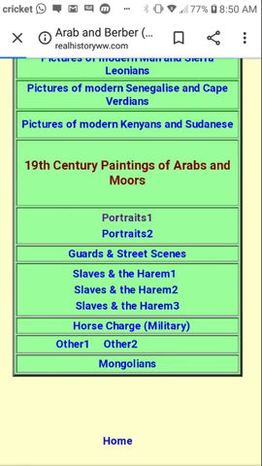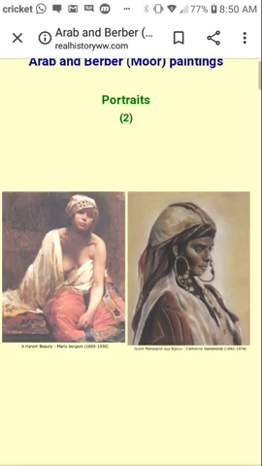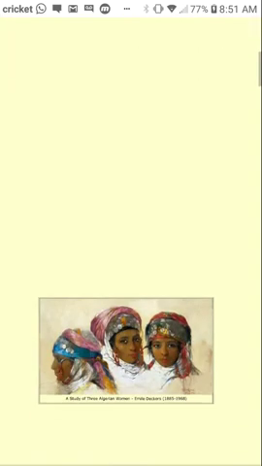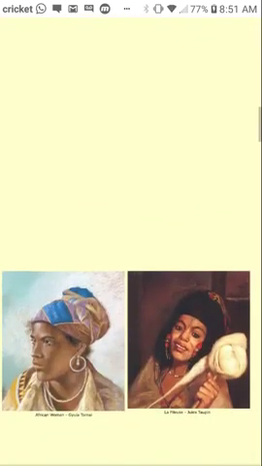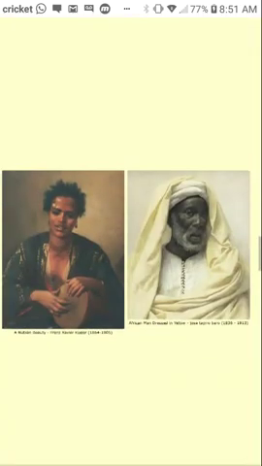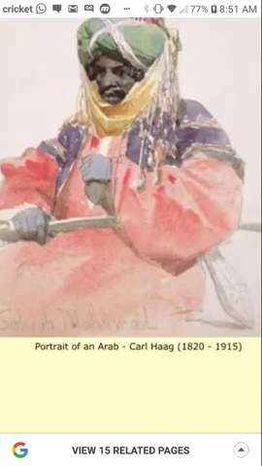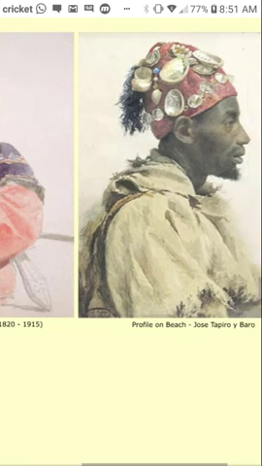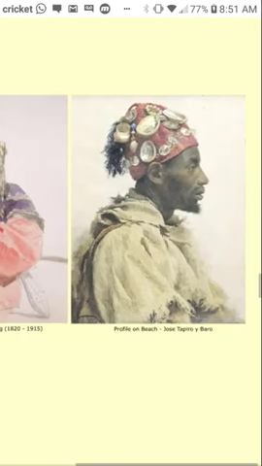Okay, so we go to portrait number 2. We can see that people are becoming more mixed as we go through. Okay. You see they're becoming more mulattoes. More mulattoes. Because people are mixing with the newcomers, the redheads, the blondes, the blue eyes, the Gentile nations. Okay, this is portrait of an Arab. This is a profile on beach. Okay.